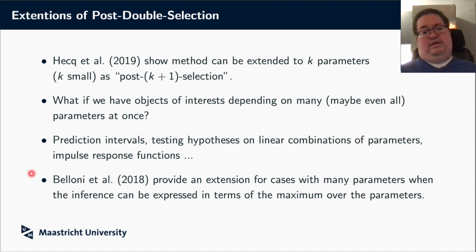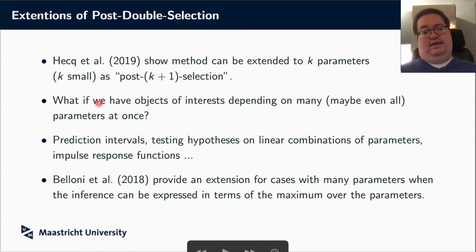Now you can actually do it with more parameters. That's also what we show in the same paper, if you have k parameters that you want to do inference on at the same time. For instance, what we do in the VAR is test Granger causality, where you do inference on the coefficients of all lags of one variable and another. That works. You can do the method in that framework.